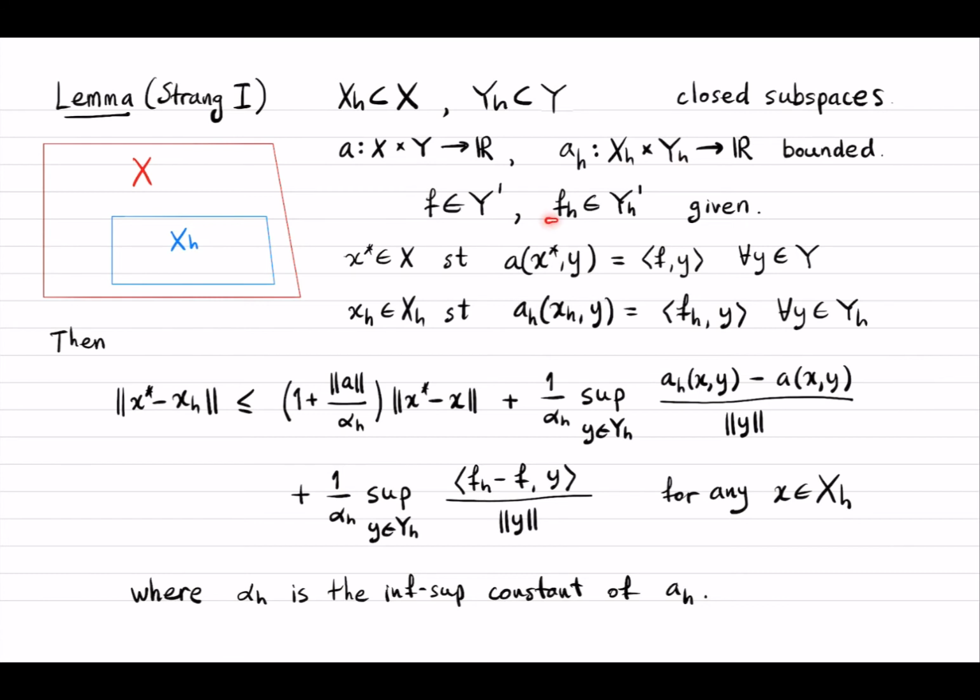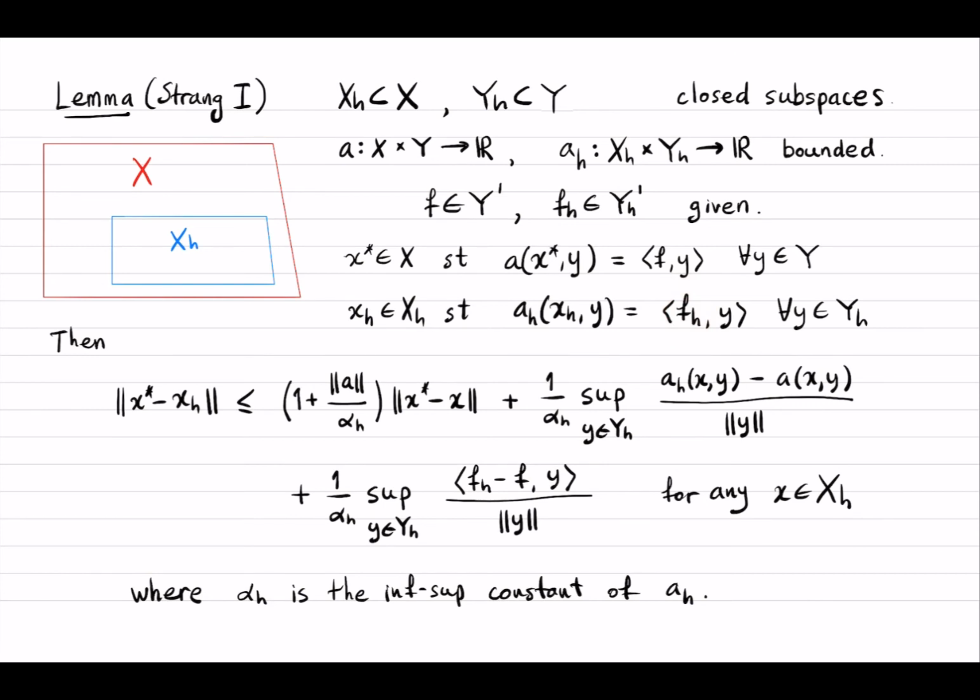We also have the approximate right-hand side F_H that is only defined for elements from Y_H, and of course the exact right-hand side F in the dual of Y. We denote the exact solution by x star, which satisfies the usual variational equation, and we denote the discrete solution by x_H, which is the Petrov-Galerkin solution that satisfies this discrete equation, with, of course, the approximate bilinear form A_H and the approximate right-hand side F_H.